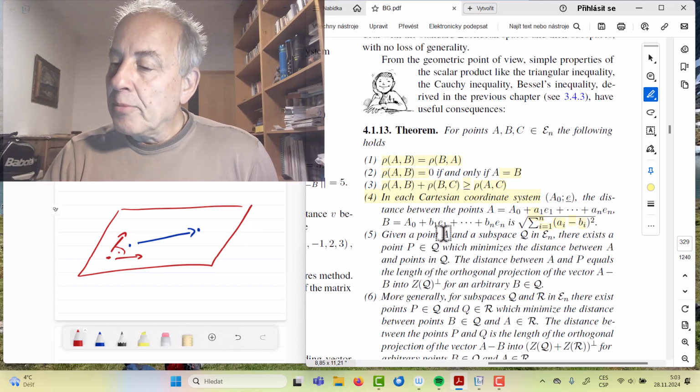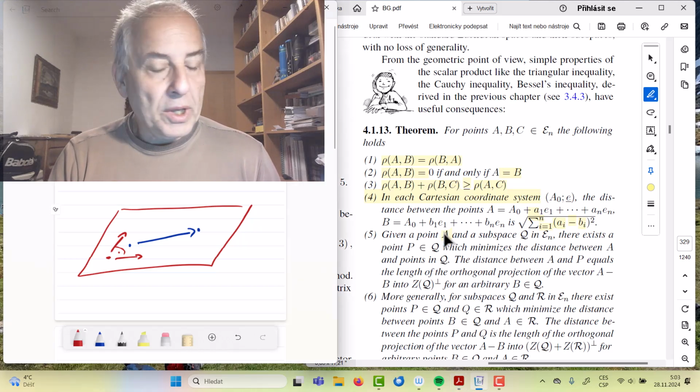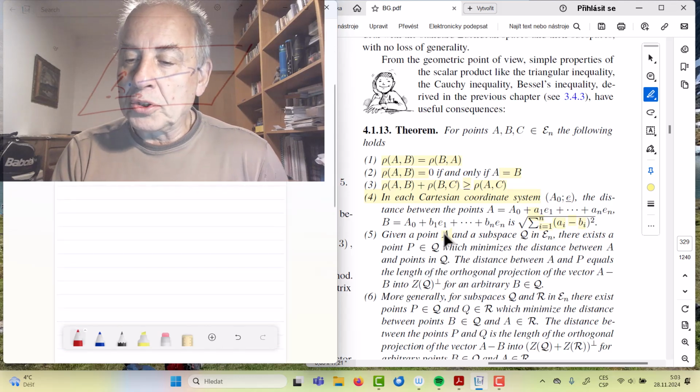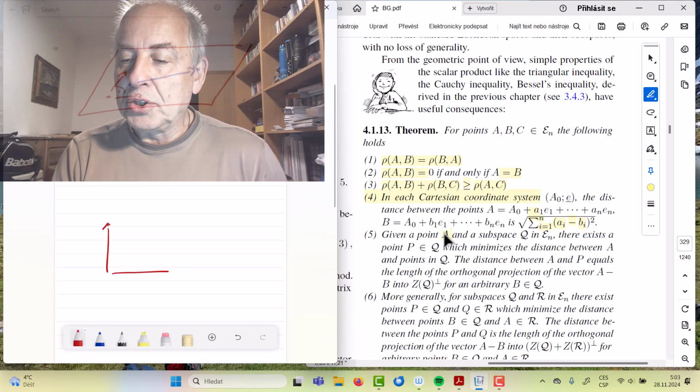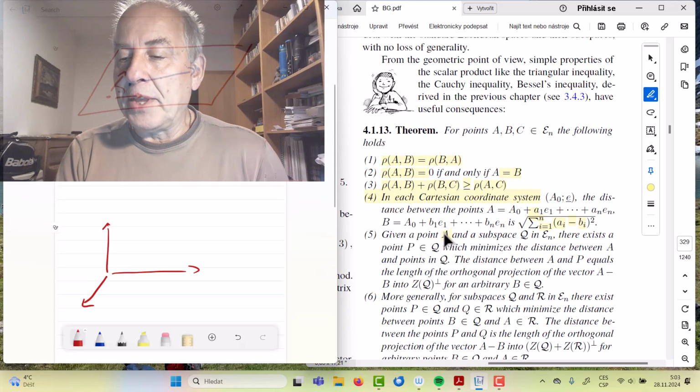Now it's not difficult to imagine, if we move to 3 dimensions, to be able to draw a little bit more. Imagine there will be a plane like this.